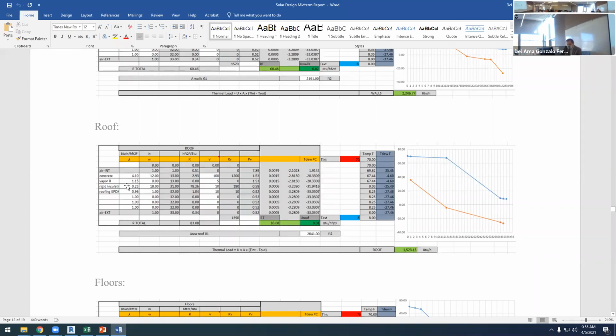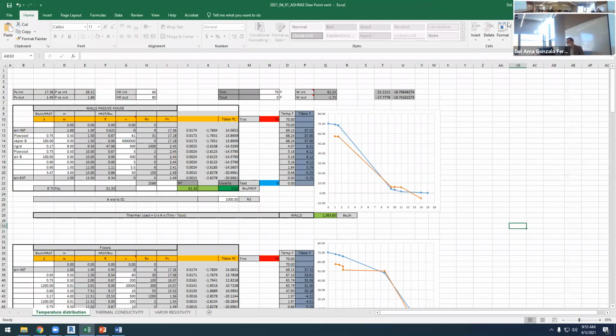We have concrete, rigid insulation, 18 inches. It's 80, yeah. Being sustainable comes at a price. We have to use 18 inches of thermal insulation on our roofs. And here we have the EPDM. Okay, this is not correct. I'm going to do this.